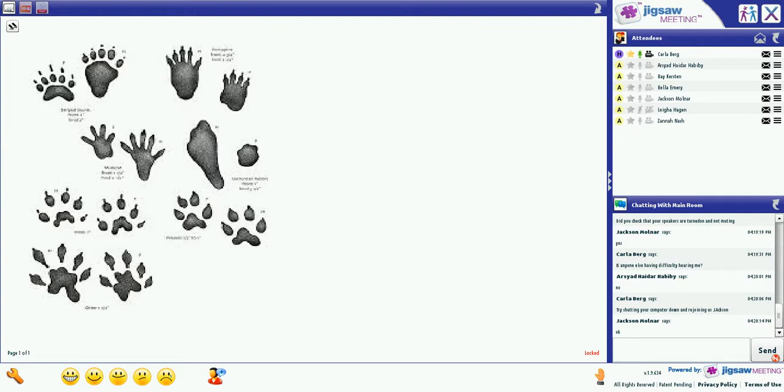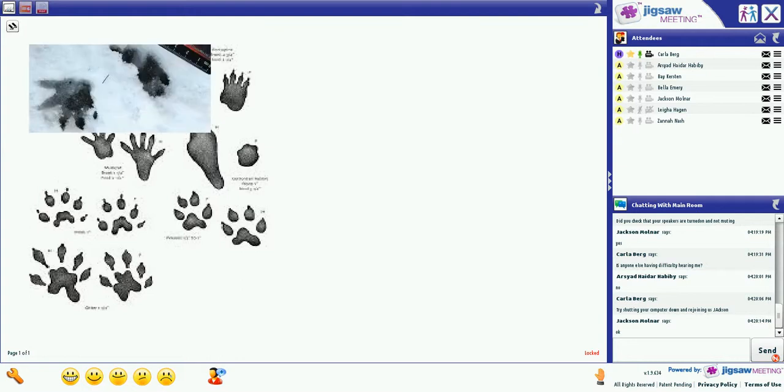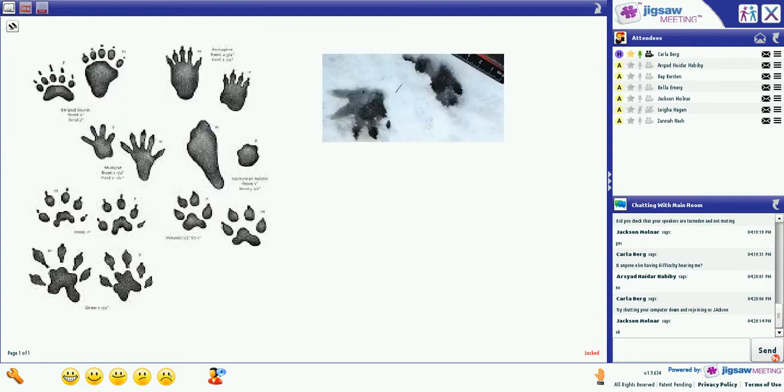But what is important is that animals can leave behind traces of themselves even if they don't leave anything. For example, the top picture that I just put up here on the right-hand side is a picture of an animal footprint in snow. That actually is a raccoon footprint, but let's just pretend that it snows in your yard. And I know some of you live places where it can't snow, but pretend we all live somewhere where it snows.